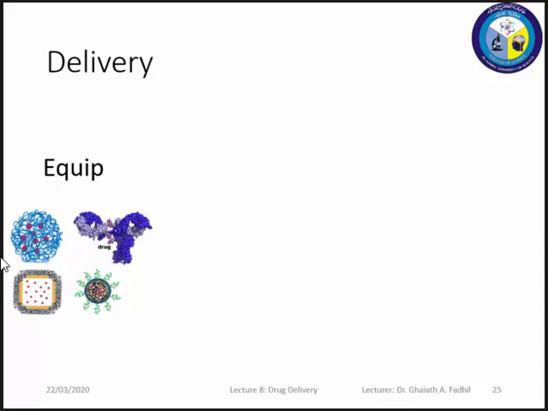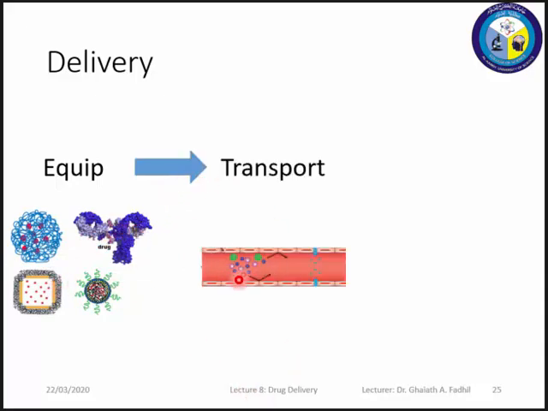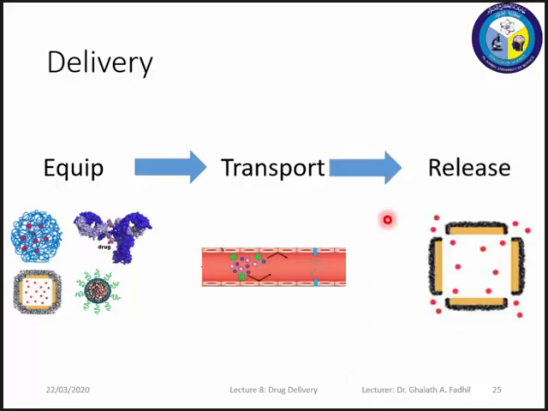We have to equip the drug into the nanoparticle, and then we have to transport it inside the human body through any circulation system we have or we choose. Is it compatible with our objective? And then we should have a working, controlled and precise release mechanism that releases the drug when we get to the targeted tissue.